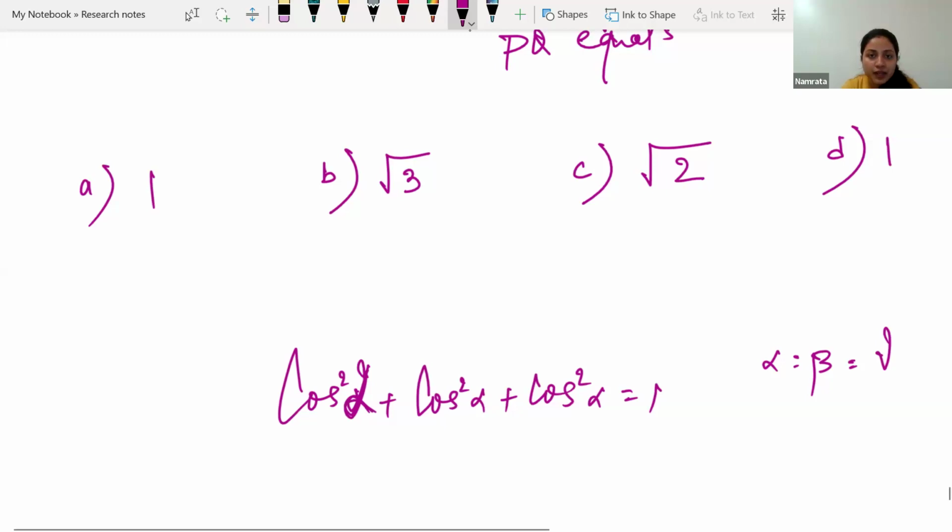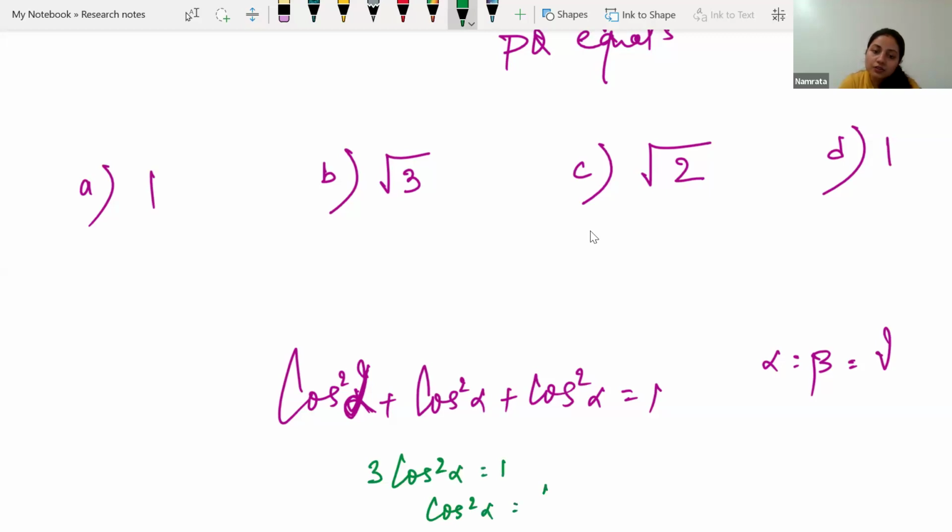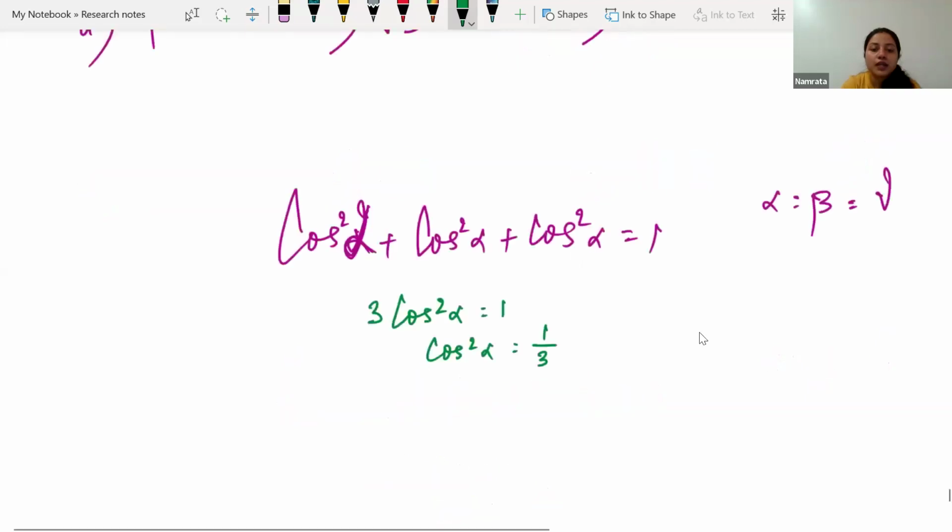Now if we simplify it, we will have 3 cos square alpha equals 1. That means cos square alpha equals 1 by 3, so cos alpha will be plus minus 1 by root 3.